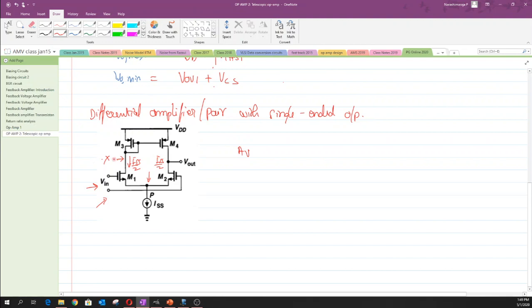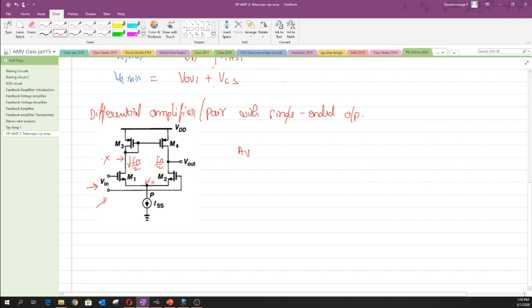And due to this we finally concluded that this node, even though it is not proper to draw a line of symmetry and I cannot say directly by inspection that this node is at ground, but still with some sort of contradictory proof, we have already stated that this node can be considered as a 0 for this particular case, and then we can analyze the circuit in a normal way, okay.